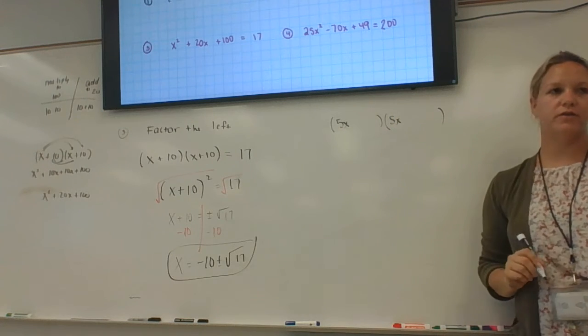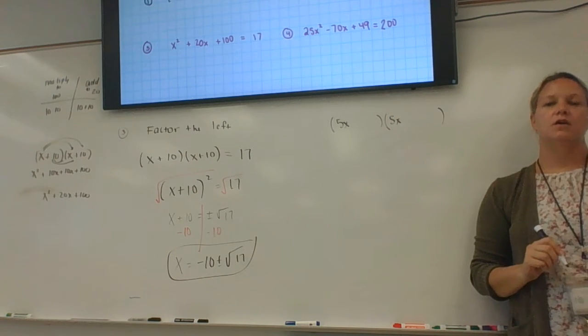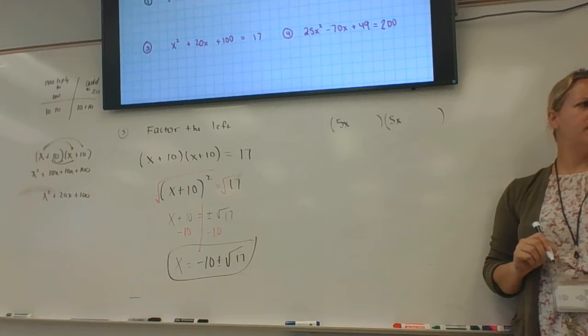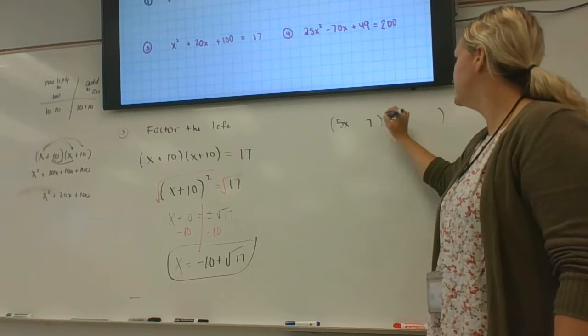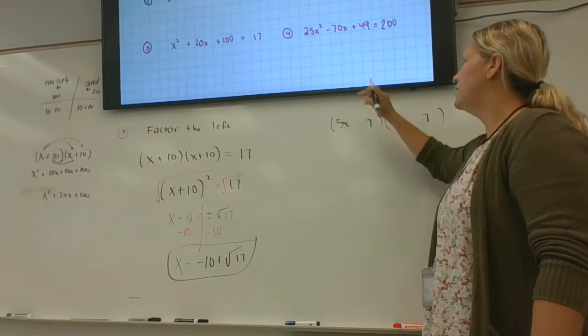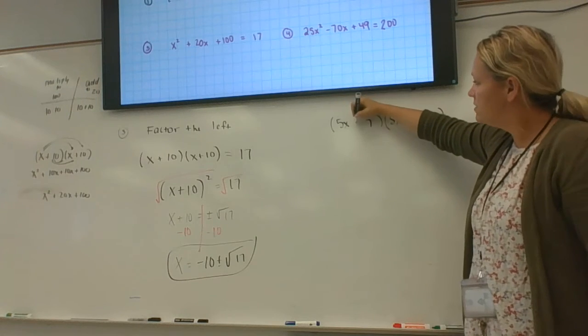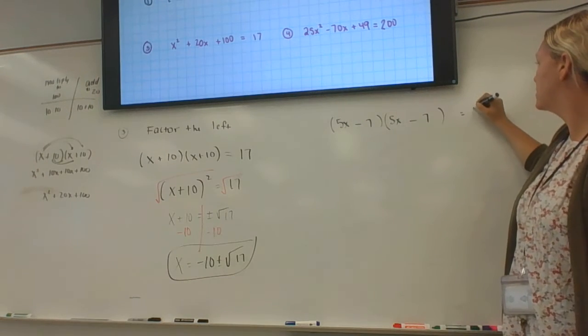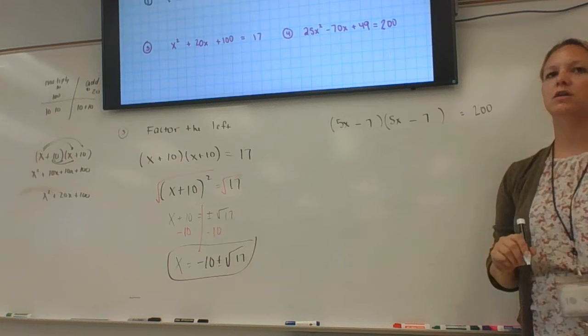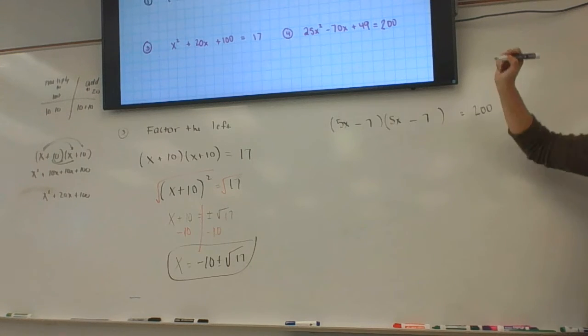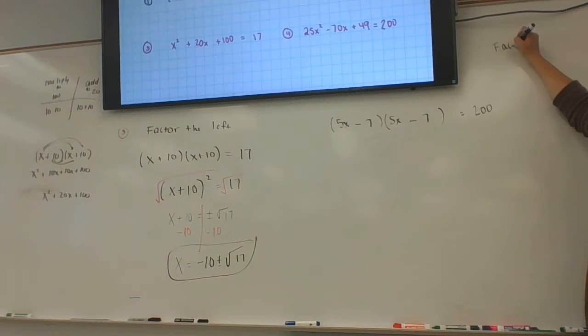So I'll write the square root of the first one in. The square root of 49, 7. Write your 7 in. It's a minus sign here, so we do a minus sign here. That's called factoring a perfect square trinomial. Square root by factor, factor by square root.